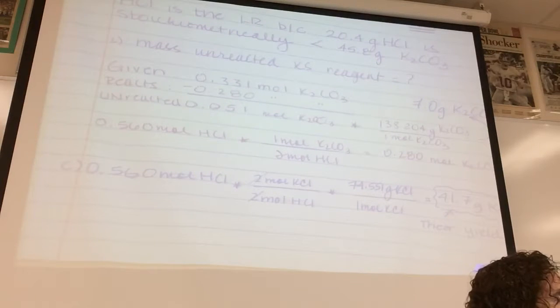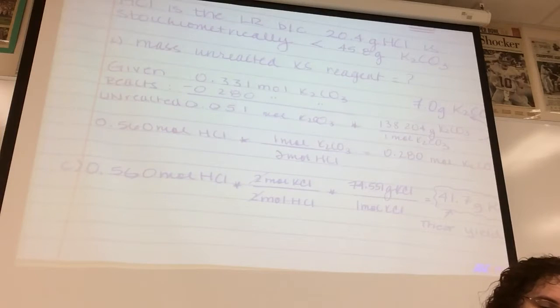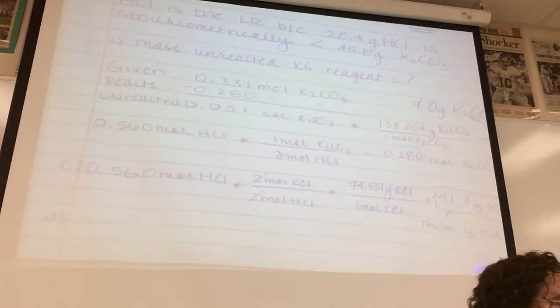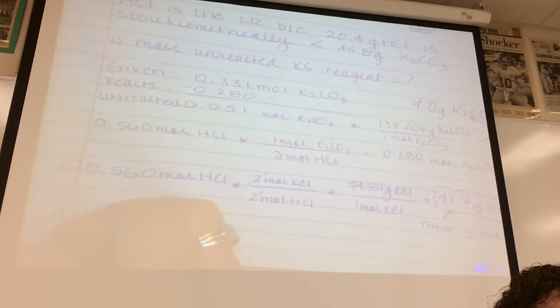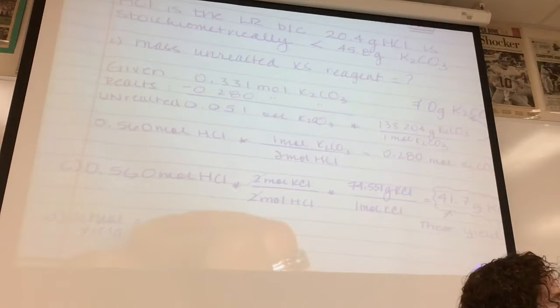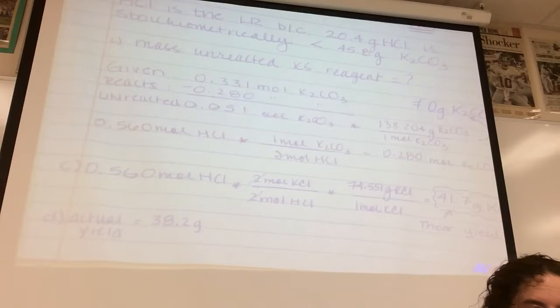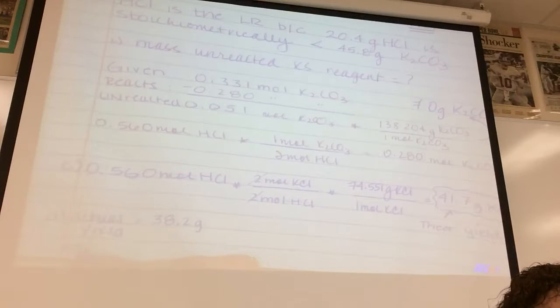D is really the only new piece of the puzzle. In D, it says the actual yield, and they gave us this, is 38.2 grams, and we want to know the percent yield.